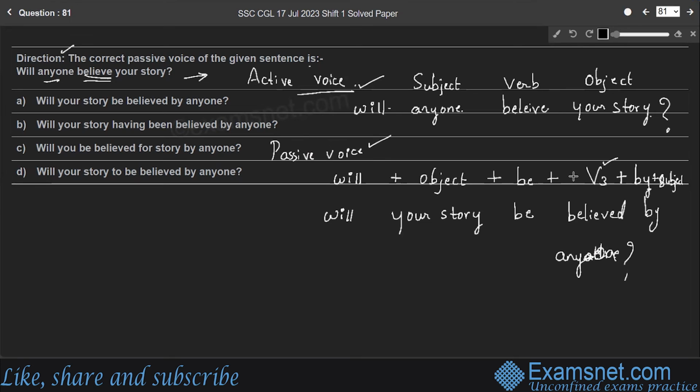So the format is will and object. This object is the object of active voice. So your story, be plus third form of verb, by the subject of active voice, which is anyone. Therefore, the passive voice form is: will your story be believed by anyone? Therefore, option A is the right answer.